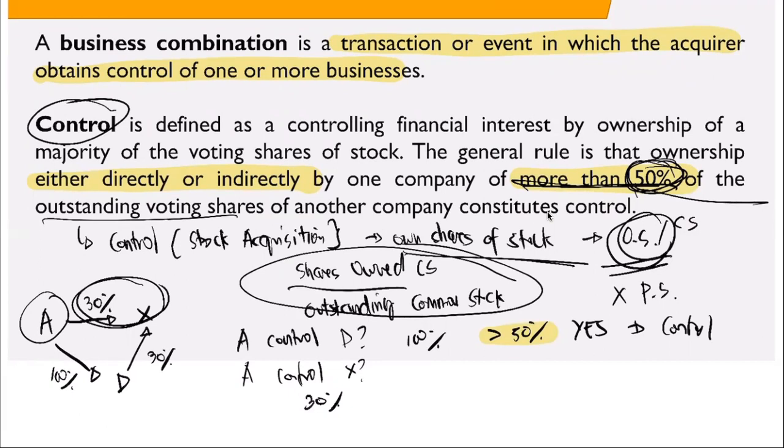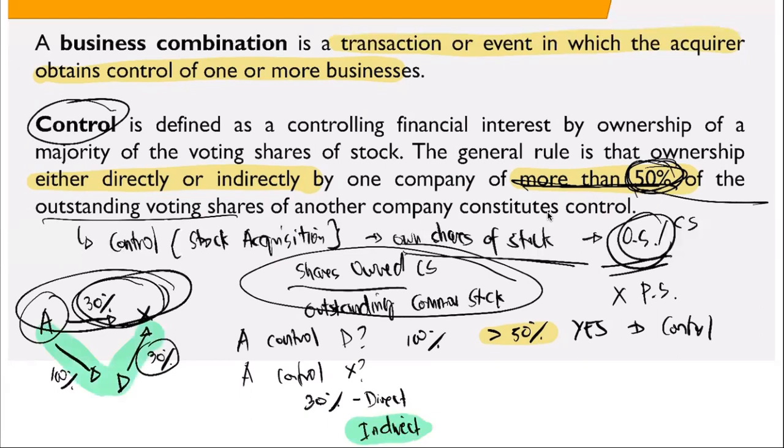If A owns D 100% and D owns 30% of X, in short, A also owns another 30% of X. So A has 30%, which is the direct, A to X, and then we have the indirect, which is A to D to X, another 30%.